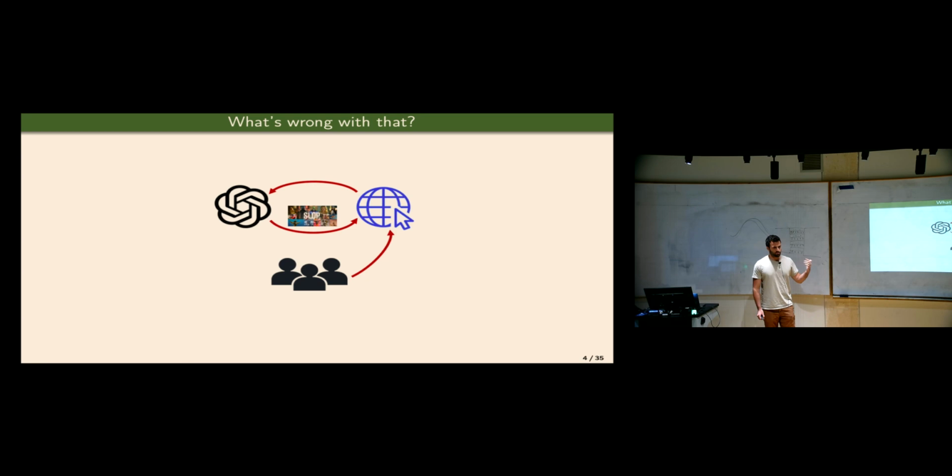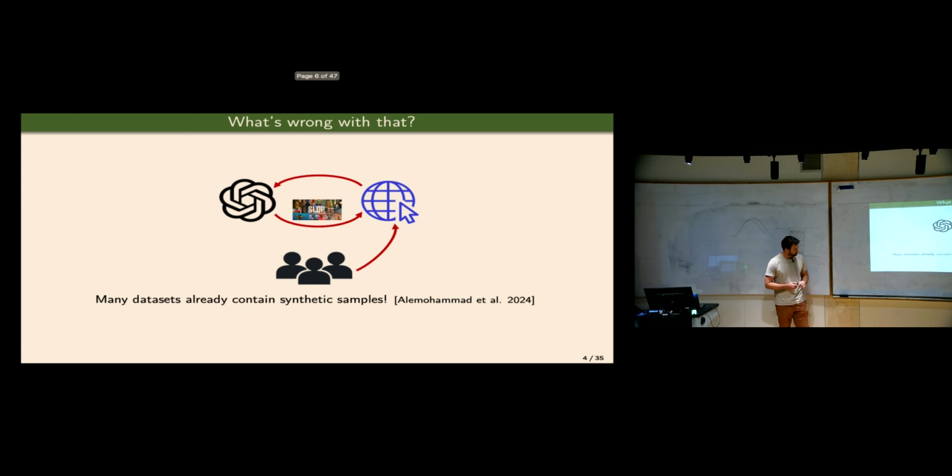Sometimes it's good, sometimes it's bad, but whatever it is, over time, data sets get a lot of synthetically generated data within them. So the next version of the models trains on data sets that have some AI-generated data, and then they will be used to train another model, and then that model will also generate data. And this loop can go on as many times as you want.